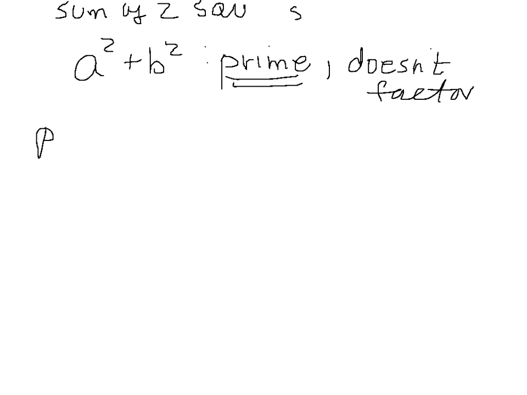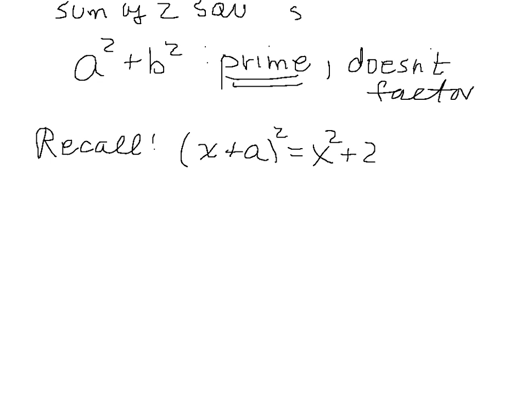So let's remember this. Let's do another recall: x plus a squared is equal to x squared plus 2ax plus a squared. And so you want to be on your toes when you're trying to factor something that looks like this. What you have is something squared, and in the middle you have twice the product of those two terms.